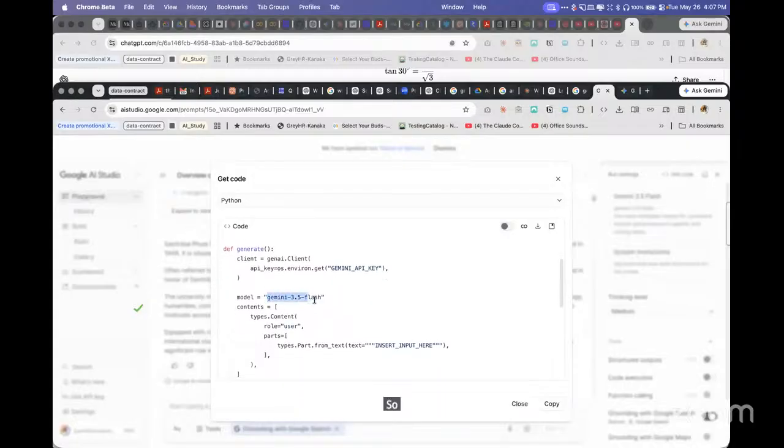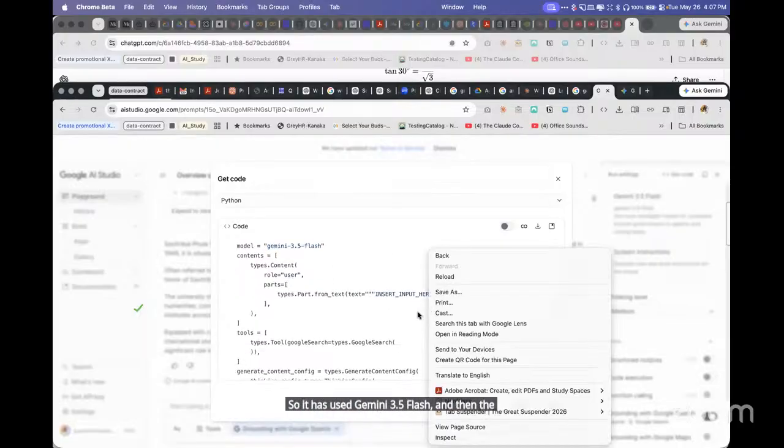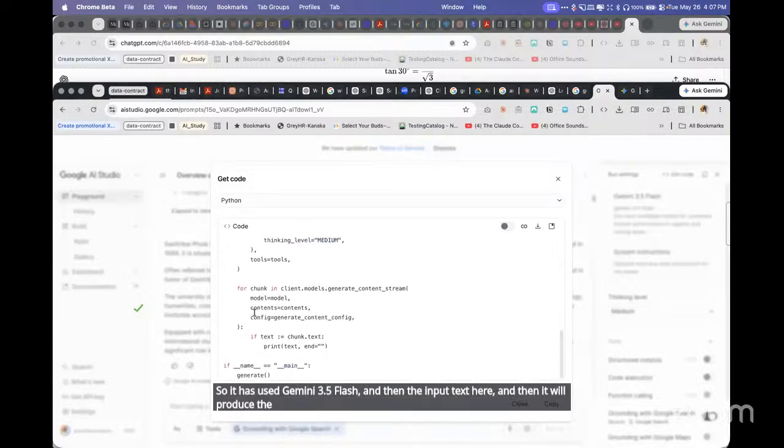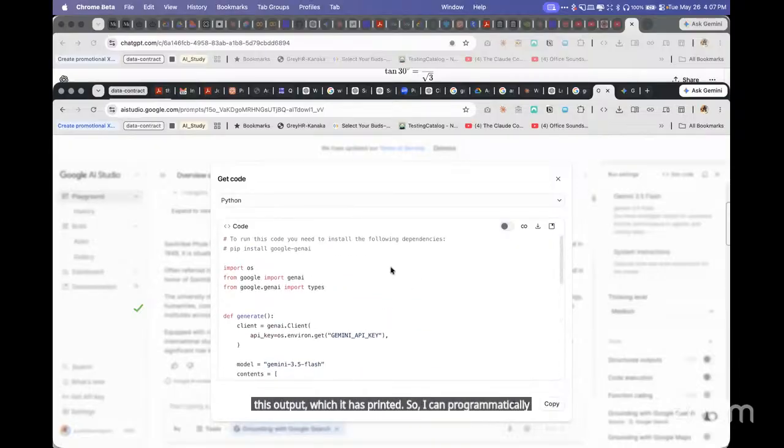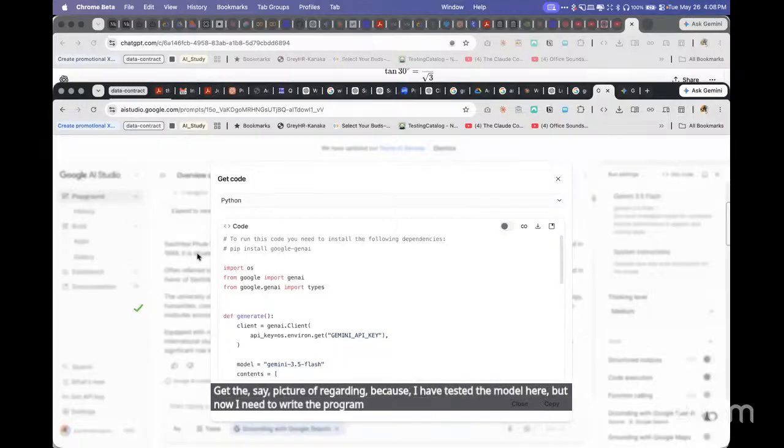So it has used Gemini 3.5 Flash, and then the input text here, and then it will produce the output, and the output is always produced like this. So this is the print, and this print text is the output which it has printed. So I can programmatically also get this, because I have tested the model here, but now I need to write the code in my agentic pipeline.